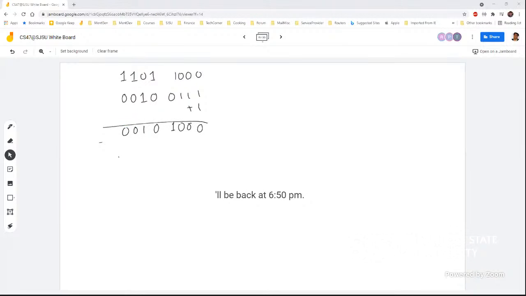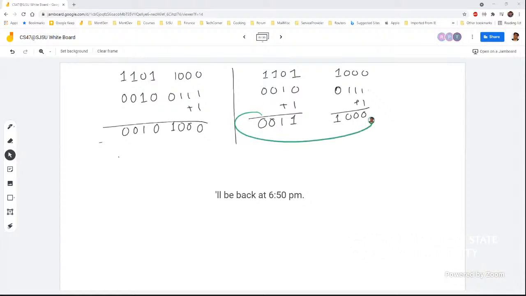Now, if you think you are doing it individually, then each of them would become 0010 plus 1, 0111 plus 1. Now see that this computation is not the same as this computation because of this extra plus 1.